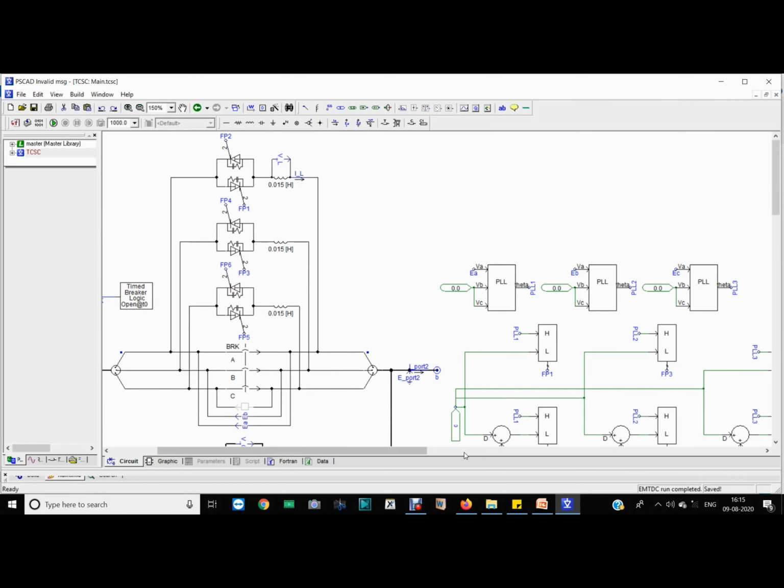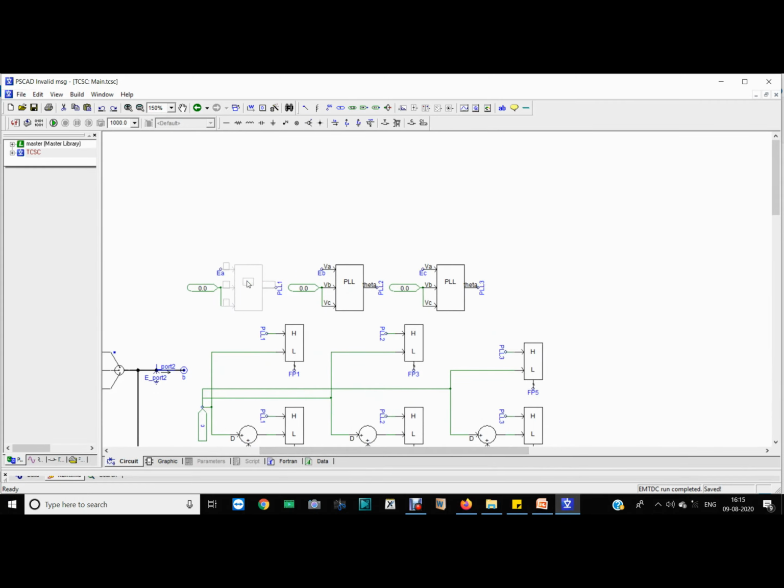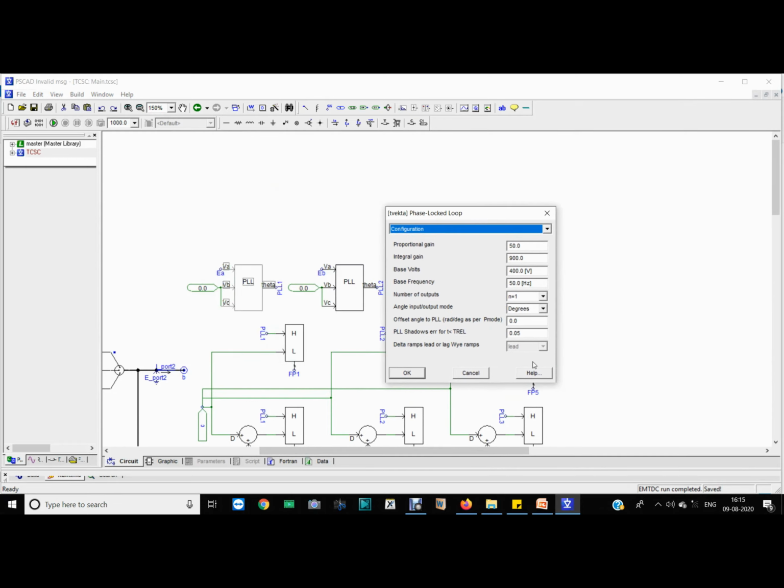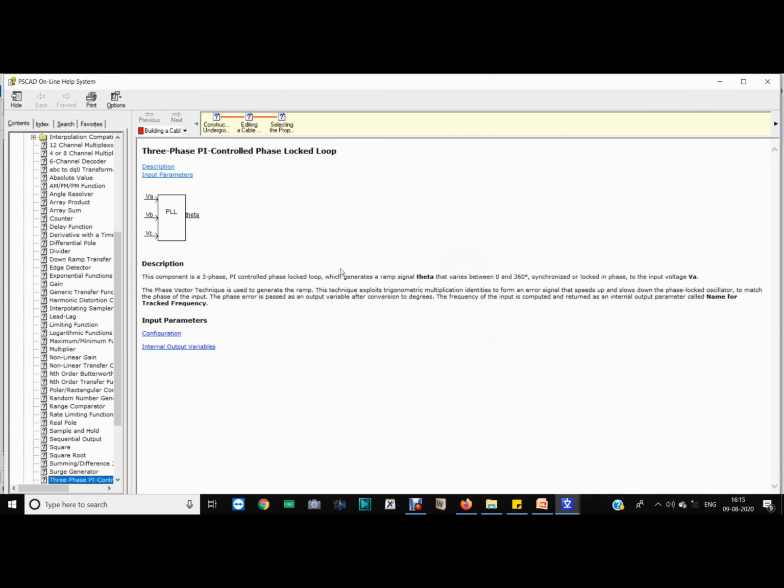Okay, now connect a PLL module, phase lock loop. What this block does, you can find from the help. This component is a three-phase PI control phase lock loop, where it generates a ramp signal theta that varies from 0 to 360 degrees. And this is very important: it is synchronized, or locked in phase, with VA.